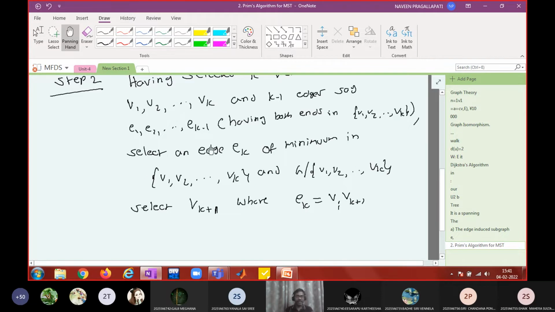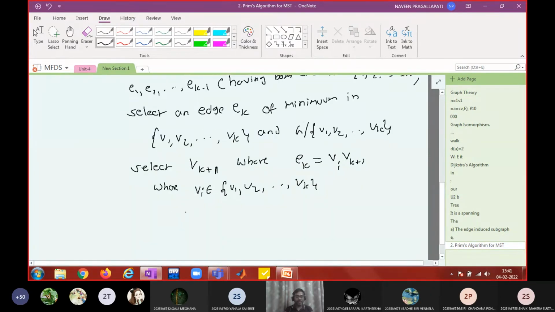So then, where Vi belongs to V1, V2 and so on Vk, and Vk plus 1 belongs to its complement.